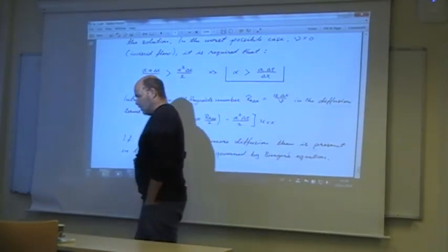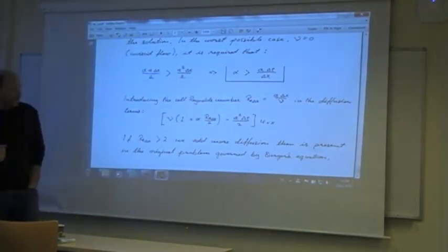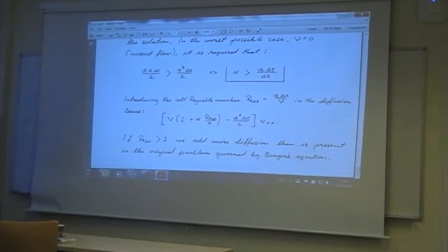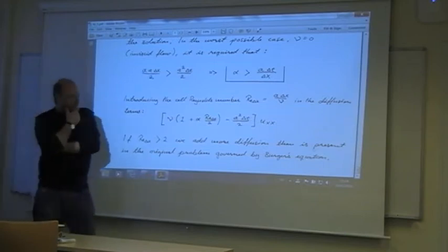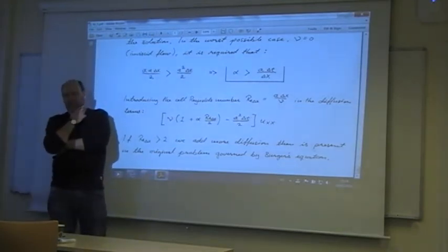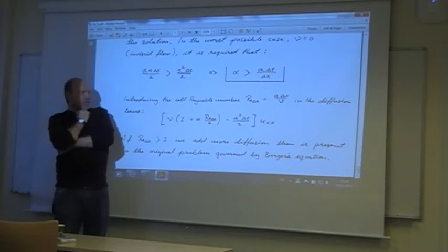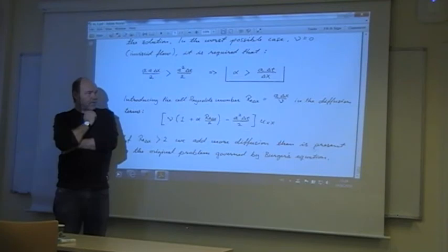Now, as briefly mentioned, the cell Reynolds number is something that's going to give us some restrictions there. It has to be rather small, actually, especially if you don't have time in the problem. So that's a demand for delta x.